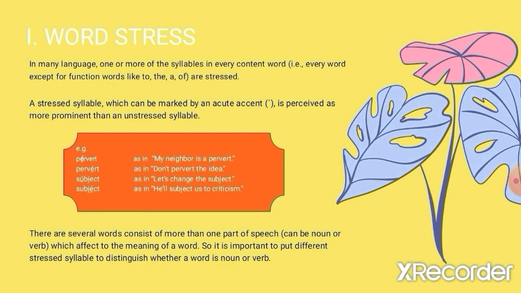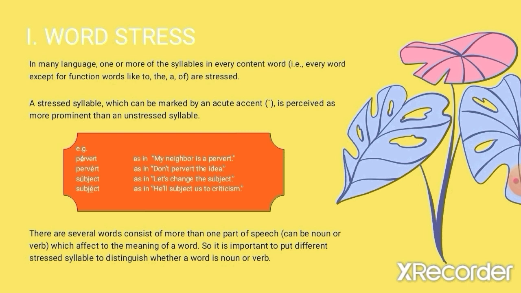So, let's take a look at the following example. We have an example of two-syllable words, and there are two similar pairs of words here. The first one is perfect and the second one is subject.